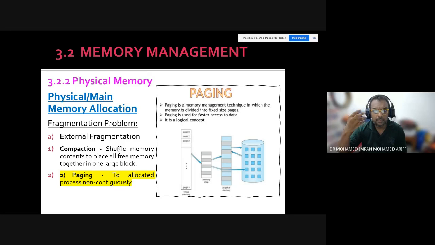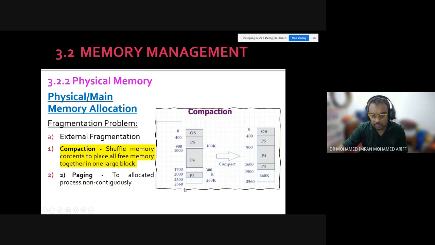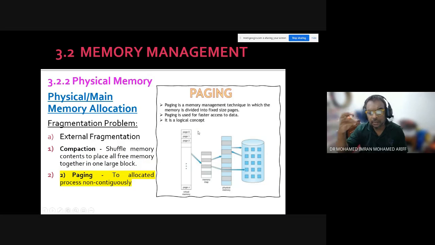But in paging, because the memory does not have enough space, we break down the process into several sub-processes.